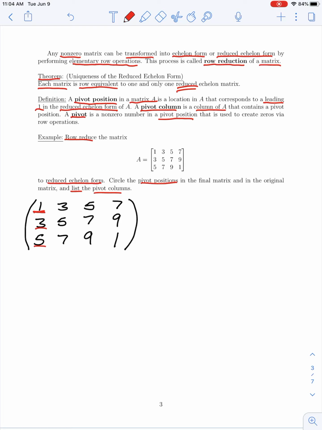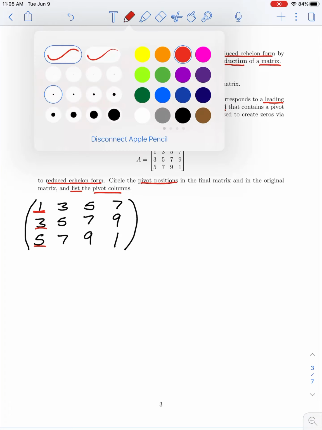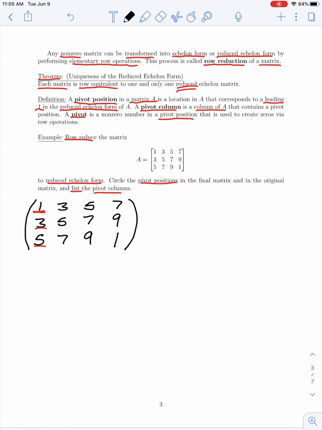We know to get down to reduced echelon form, that leading 1 has to be the only non-zero entry in that column. So to kill off the constant 3 in our second row, we could take row 2 and subtract from it 3 times our first row. My first row I'm going to leave alone. I have 1, 3, 5, 7.